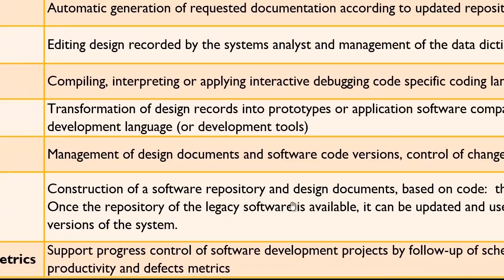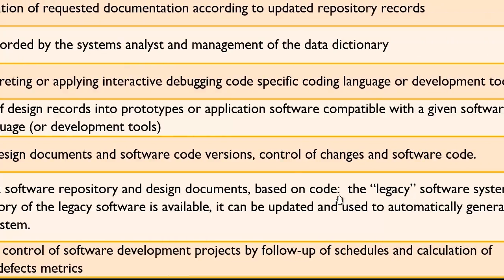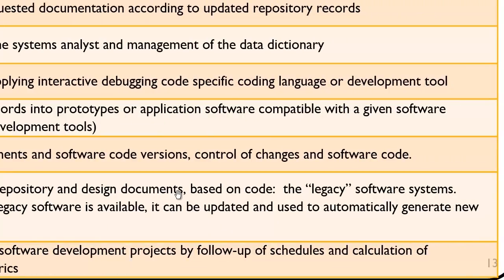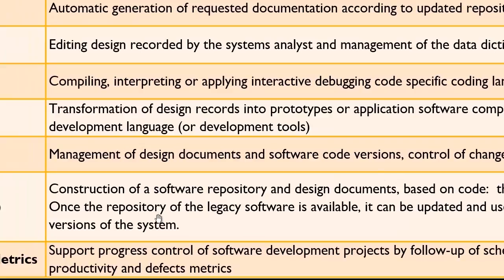Construction of a software repository and design documents based on the code. Once the repository of the legacy software system is available, it can be updated and used to automatically generate new versions of the system.